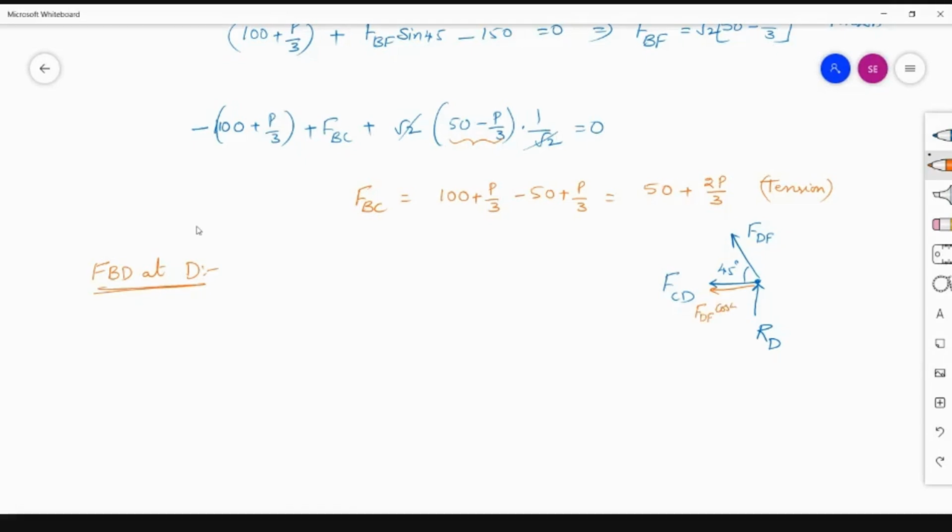FDF cos 45, FDF sin 45. Now, writing down sigma Fx equal to 0: minus FCD minus FDF cos 45 equal to 0.